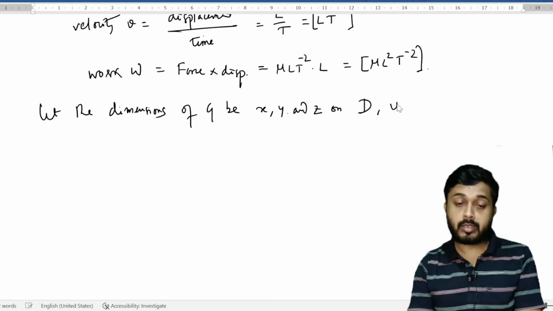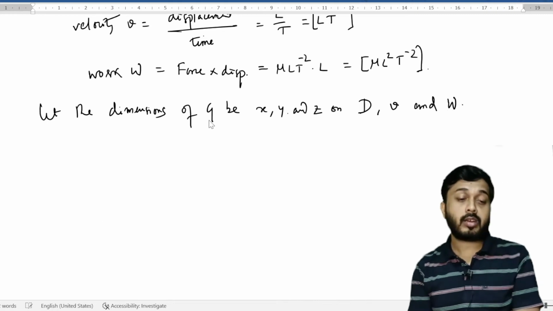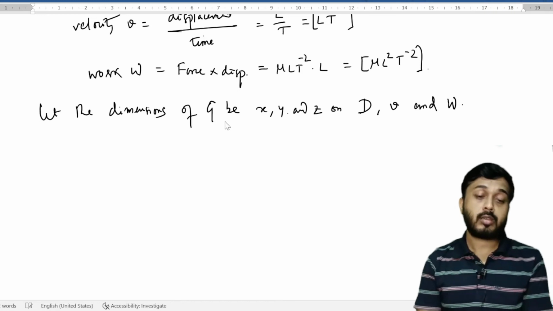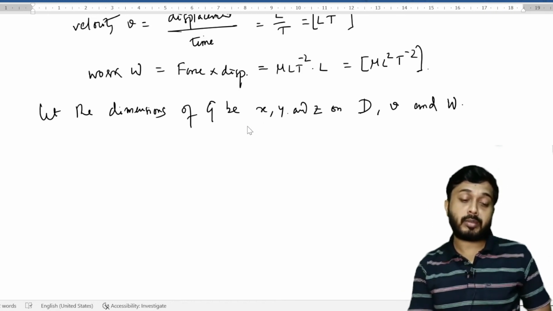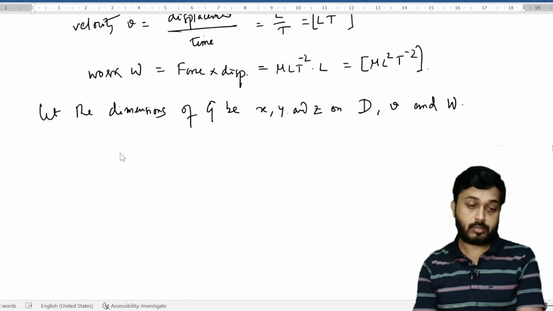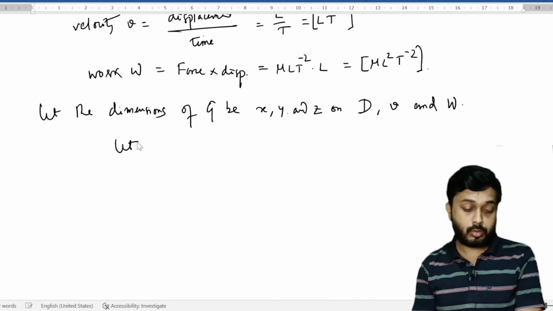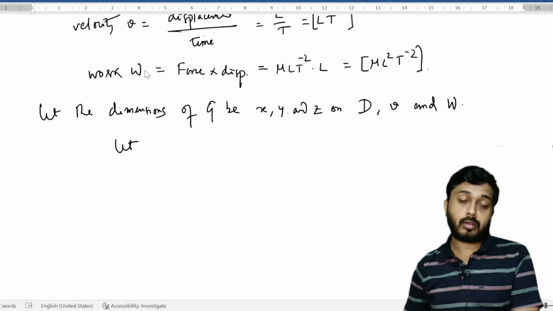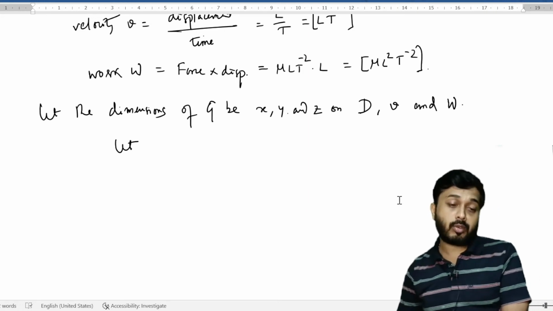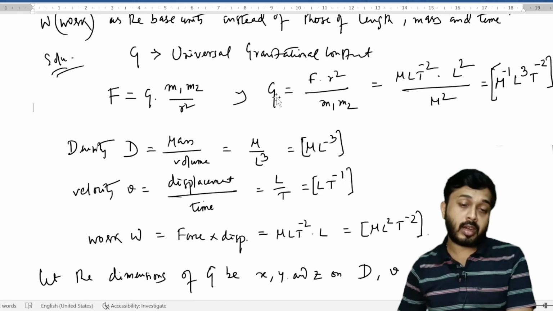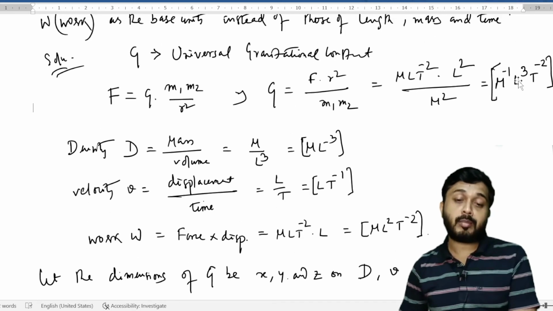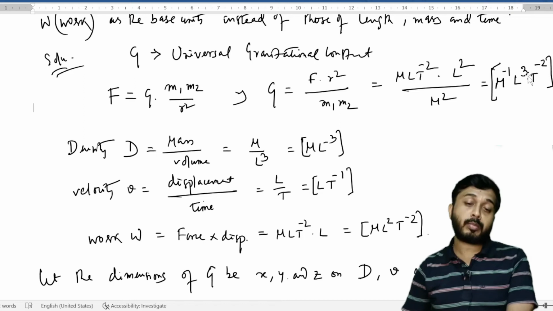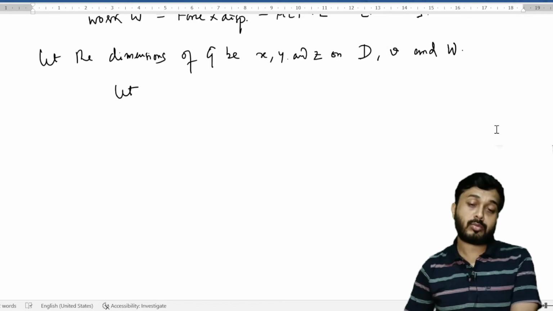D is density, v is velocity, and w is work done. So we can write the dimensional formula for capital G, the gravitational constant, which has come out to be m to the power minus 1, l to the power plus 3 and t to the power minus 2.